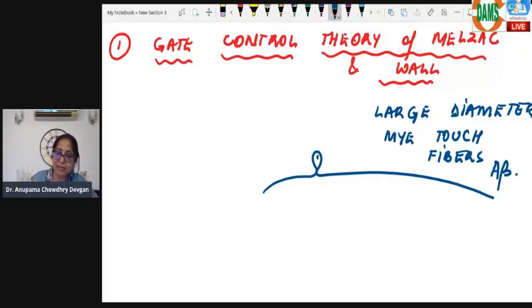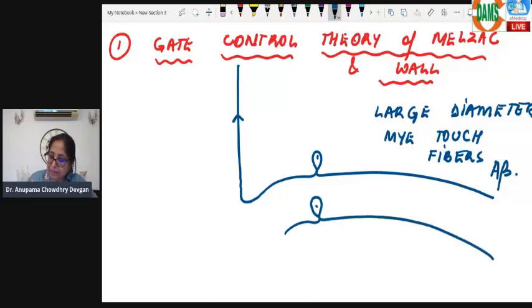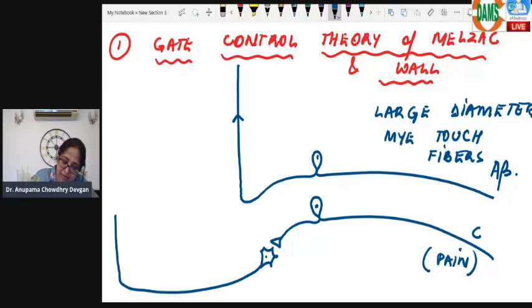The central process ascends upwards in the posterior column, right? And this is the C fiber which is carrying pain. This C fiber synapses in the dorsal horn of the spinal cord, lamina 2. There is a second order sensory neuron which crosses over to the opposite side and ascends upwards.